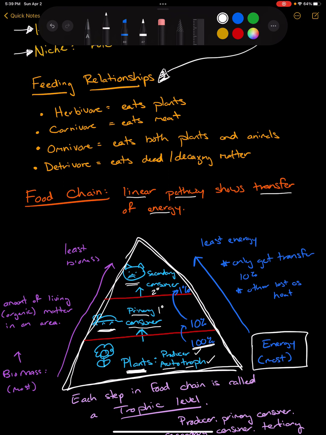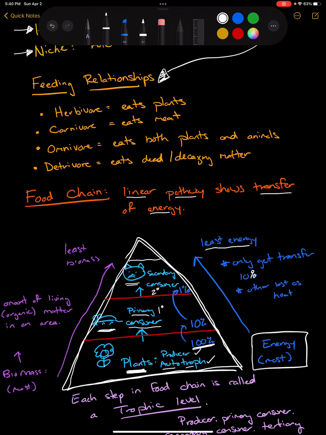And then as I go up my food chain, you can see my triangle gets smaller. So consumers have a little less energy, and then secondary consumers have even less. And then if we had made another one, a tertiary one, then they'd even have the least amount of energy. Okay, so as I go up my food chain, I lose energy. Now when we talk about energy numbers, I only get to transfer 10%.